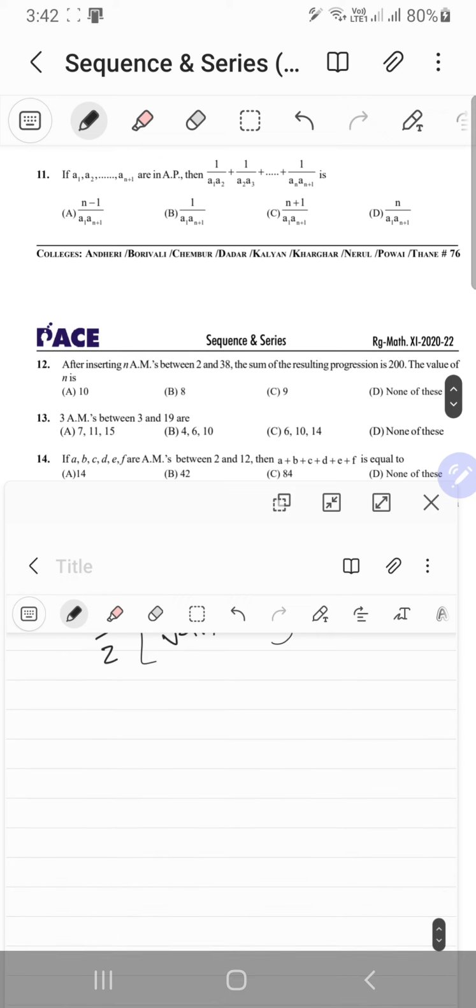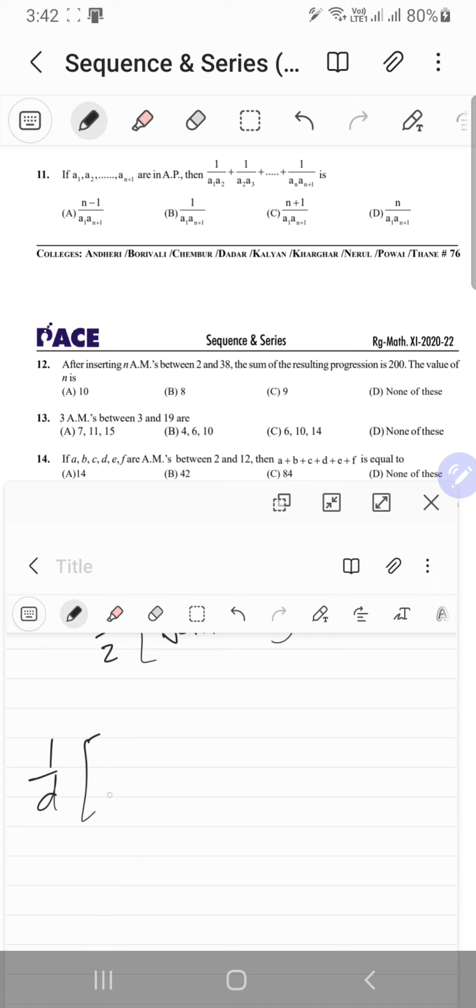Next, if a1, a2, all the way till an plus 1 are in AP, then this thing is, oh, so all of these are in AP, huh? Well, then multiply by 1 upon d into d upon a1 a2 and all that stuff.